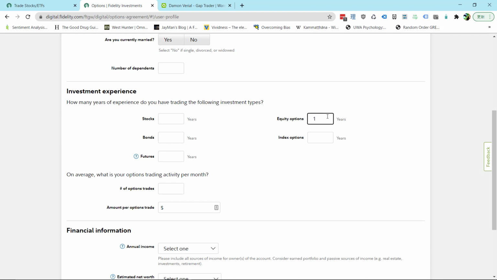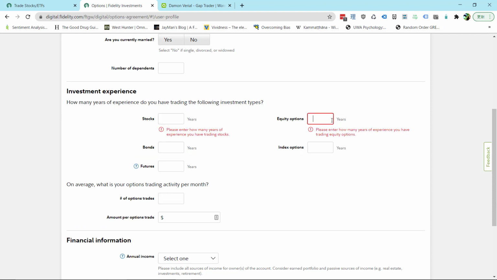If you haven't traded options before, I highly recommend you paper trade options, at least for a couple weeks or so. And then you can say you've had experience with equity options. That's the most important thing. But basically be truthful. Just know that if you put 0 here, you might not be approved. So find a way to get some experience before you apply.